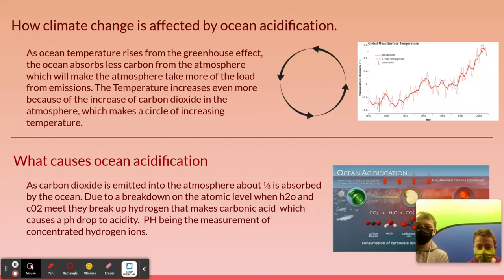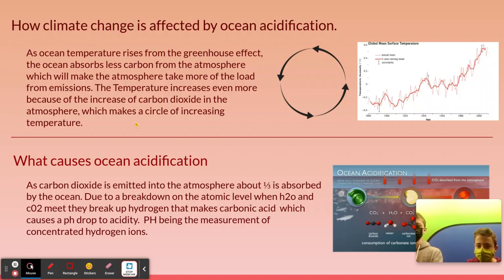Some of the emissions are absorbed by the ocean, which helps us, because otherwise we'd have way more carbon in the air. But when the temperature rises, the ocean absorbs less carbon, so more of the load is put onto the atmosphere, which increases the rate at which our temperature is climbing.